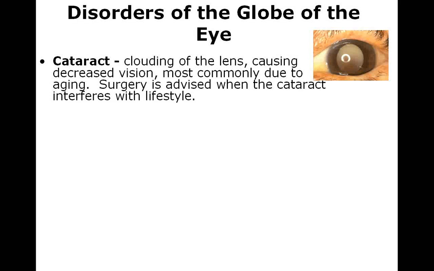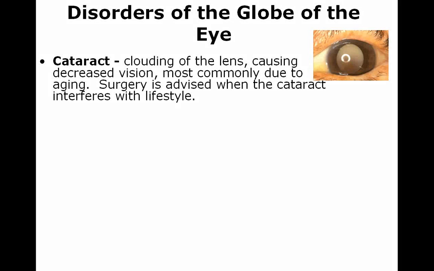Now, many cases of cataract occur just because of the aging process. Cataracts could occur because of an underlying disease like diabetes. There's certain medications that are more likely to cause a person to develop cataracts.